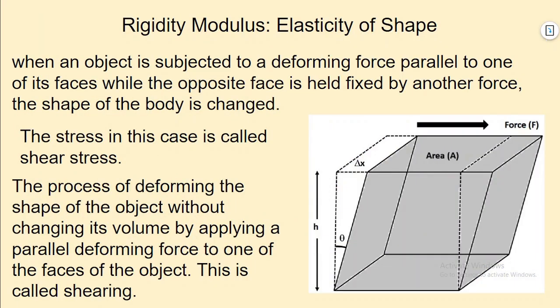Now let us consider the change in dimension that happens in the case of a shape. Suppose we take a thick book like a dictionary, place it on the table, and apply a tangential force parallel to the top surface. What will happen?